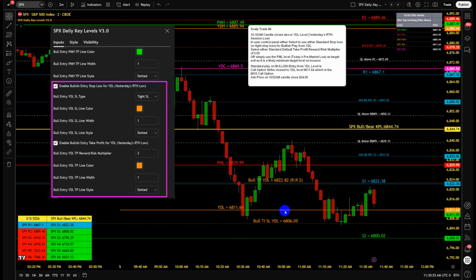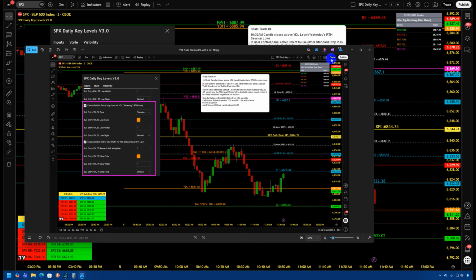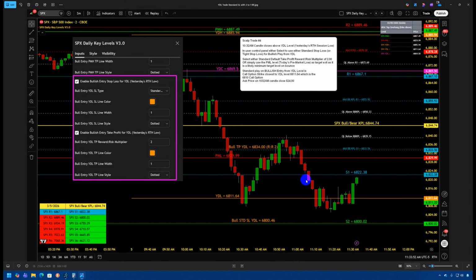So if you have a standard stop loss, as we saw here, 6,800, that's why this risk reward multiplier of 2 is putting this above. So this is really more, the PML is falling more in the, say, 1.5 range, which would be slightly below this on this particular one.